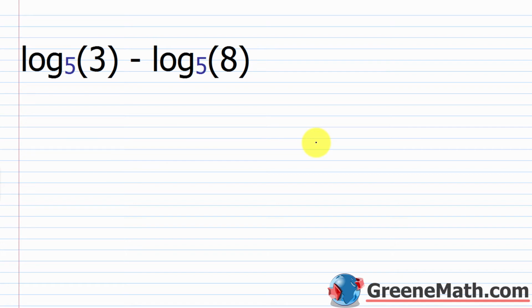All right, for the next one, let's look at log base 5 of 3 minus log base 5 of 8. So again, very, very easy. This is going to be log base 5 of, the one that appears first is 3, so that goes in my numerator. Then over, the one that appears second is 8, so that goes in my denominator. So this is log base 5 of 3 over 8.